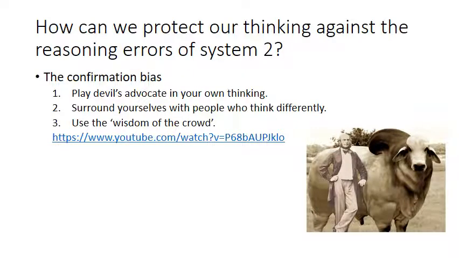All right, and then finally on to the last source of reasoning errors, the reasoning errors stemming from system 2. So the bias, the mother of all biases, that affects us when we start using system 2, when we start consciously reasoning, looking up new information and so forth, is of course the confirmation bias.